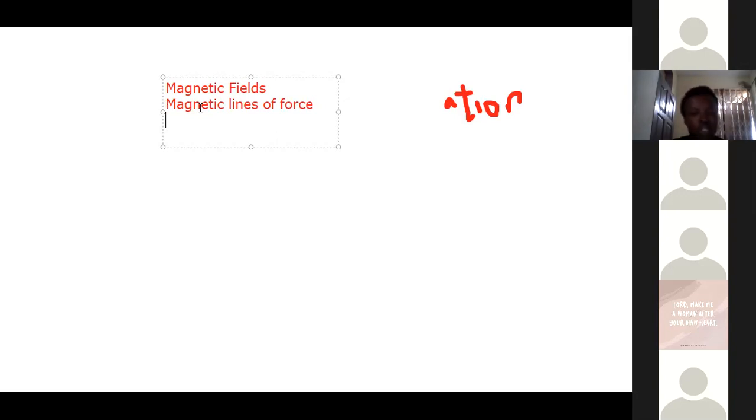Now we are also going to consider some types of magnetic fields. There are two types of magnetic field.